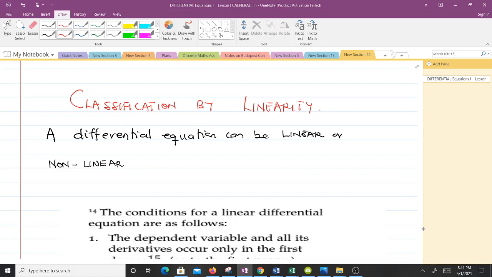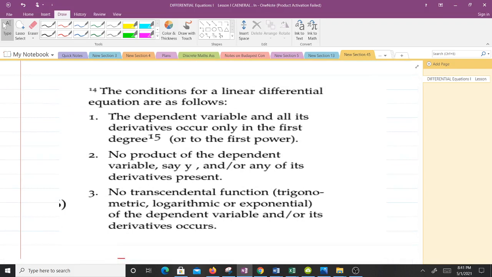If any of them is violated, then our differential equation will be non-linear. So it is those three rules that you have to learn and understand. These are the three conditions. The first one is that the dependent variable, and by now you should know what the dependent variable is and how to get it from your differential equation.